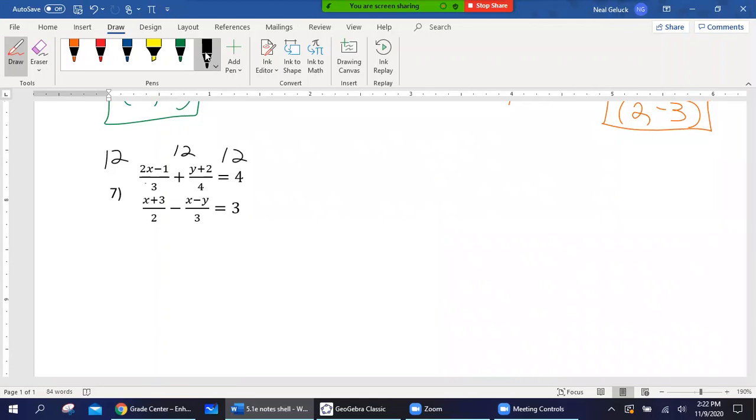So if I do that to the first one, 3 and 12 goes to a 4. So 4 is getting multiplied. And that's going to give me 8x minus 4. For the second fraction, 4 and 12, that'll go to a 3. I'm going to distribute that 3. So that's going to give me plus 3y plus 6.